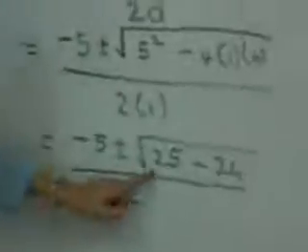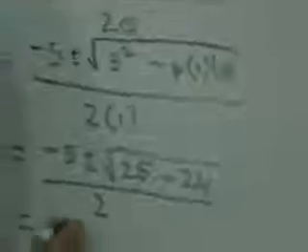Now what we're going to get in here is 25 minus 24, that gives us 1, and we know that the root of 1 is 1. So we're dealing with minus 5 plus or minus 1 over 2.